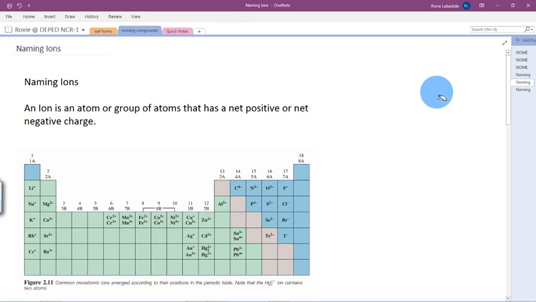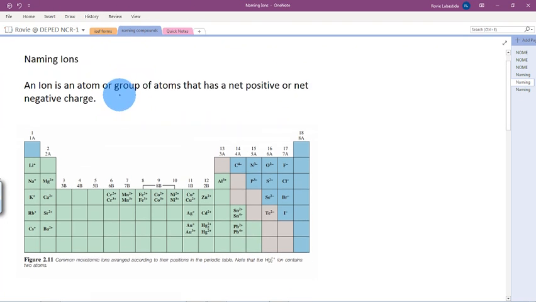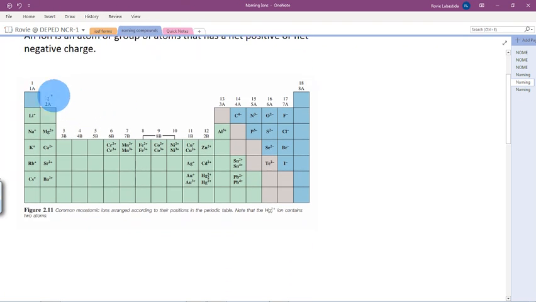First, let's start with the basic ones, which is the nomenclature of monoatomic ions. How do we name monoatomic ions?